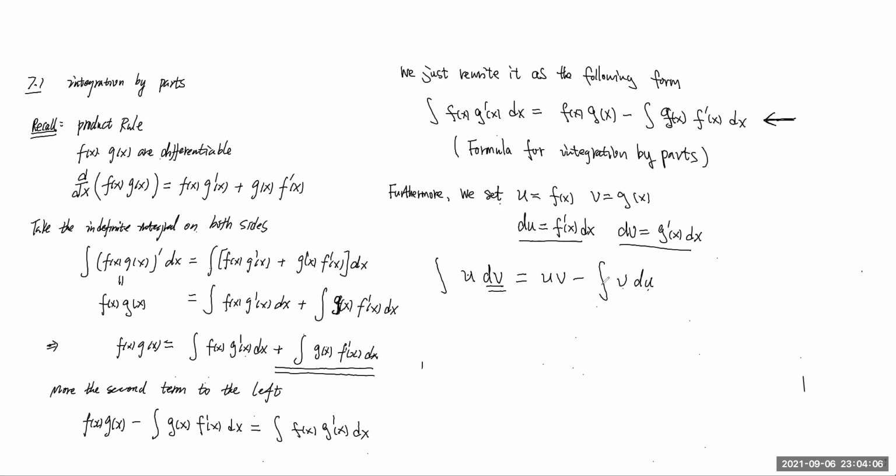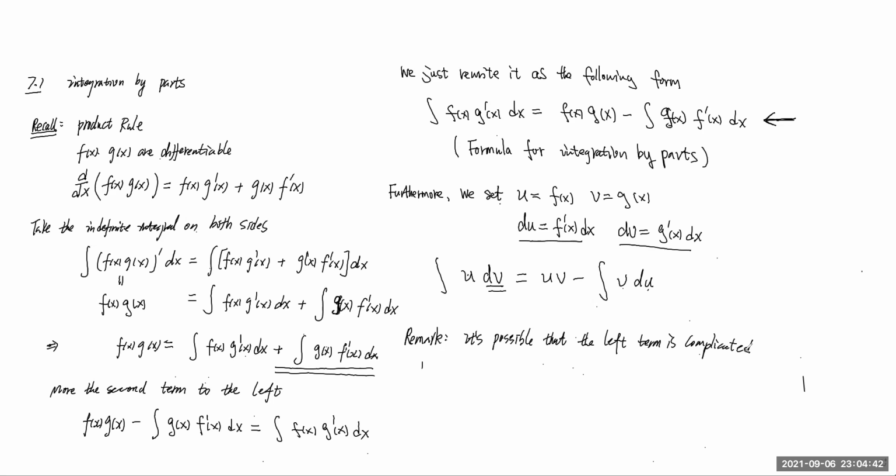So you may ask me, why do we do this? In general, I write a remark: when you are doing a problem, it is possible that the left term is complicated, meaning it's hard to find an antiderivative.